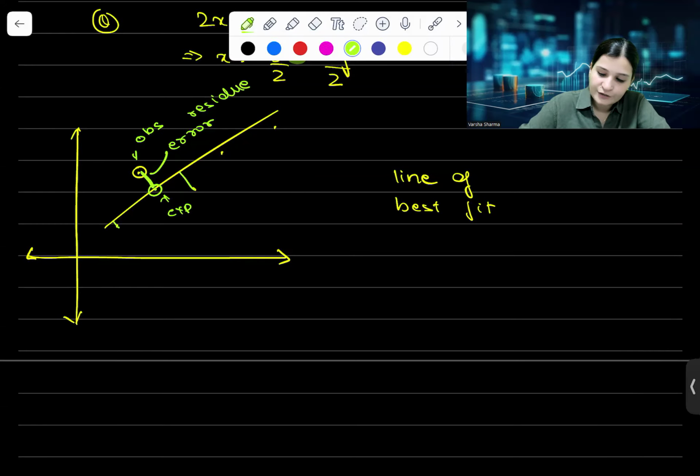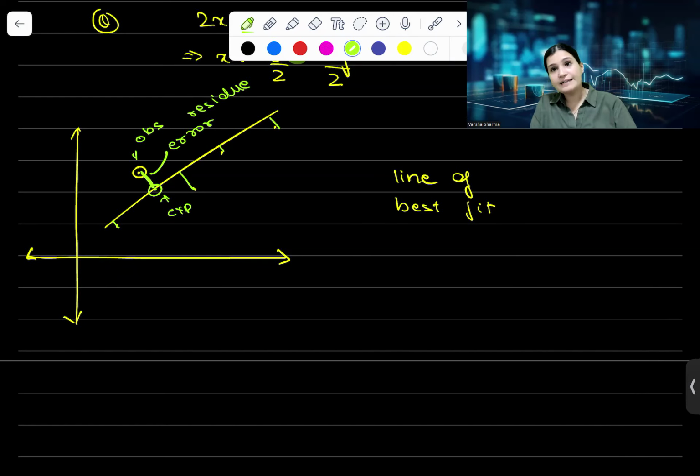So the line of best fit is decided by two conditions. First, the errors, when I add them, should give you 0. And when I find the square of the errors, it should give you the minimum value. When these two conditions are satisfied, that particular line is known as the line of best fit.